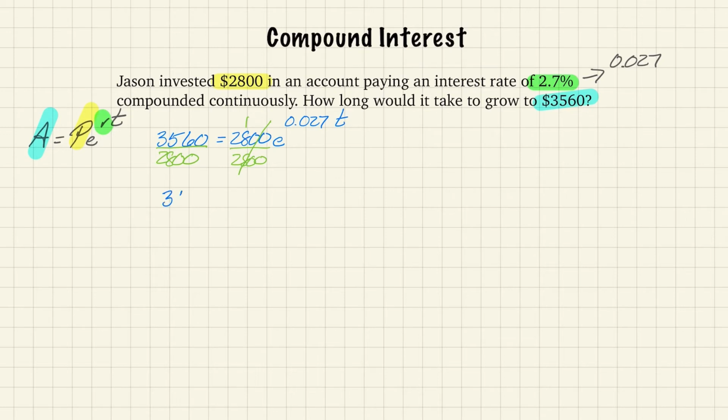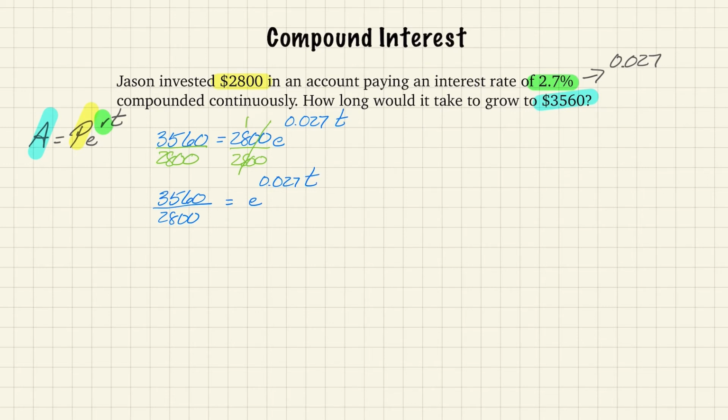So the left side just becomes, oh, I apologize about that. Let's fix that real quick. We have 3560 divided by 2,800 is equal to E raised to the 0.027T.